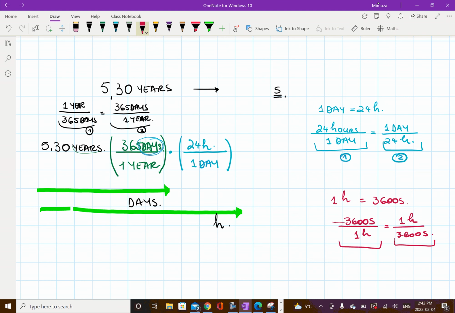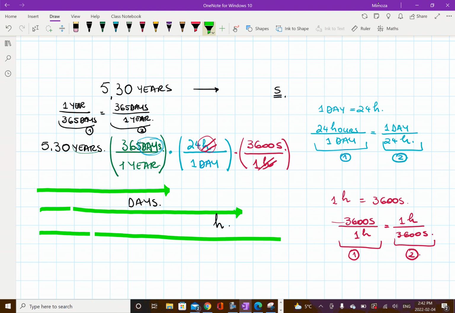And again, we have two ratios, ratio 1 and ratio 2, and we will use the ratio that has the units we want to cancel in the opposite place to the units that are present. So hours and hours will be here, and then 3,600 seconds. And what we have after we complete those calculations will be seconds. And this is what we wanted.